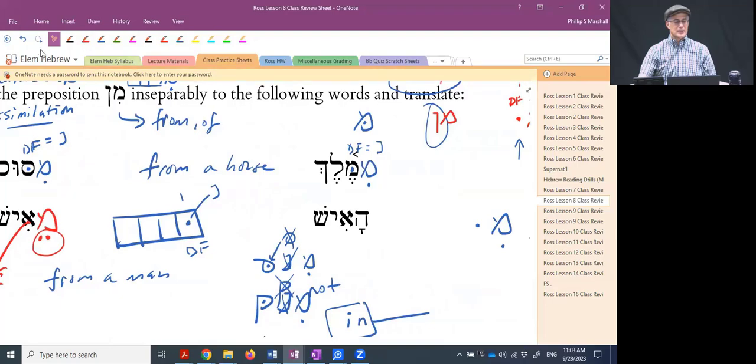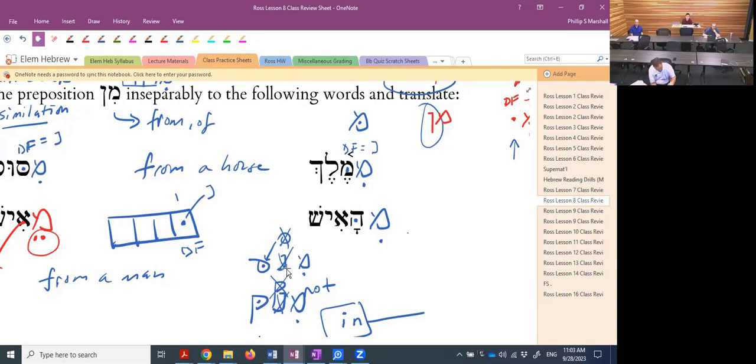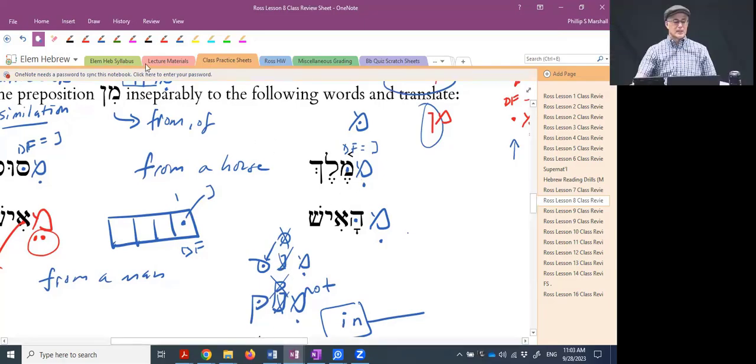Well, I could just add the mi with the doubling dot, the Marine Corps way, just like that, right? And that's what I would normally do, but is that okay? Is that kosher? No. What's wrong with that? Hey is a guttural. The guttural doesn't take any dagesh from anyone, so it's going to reject the dagesh forte.